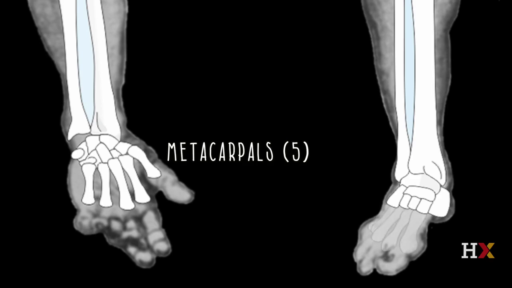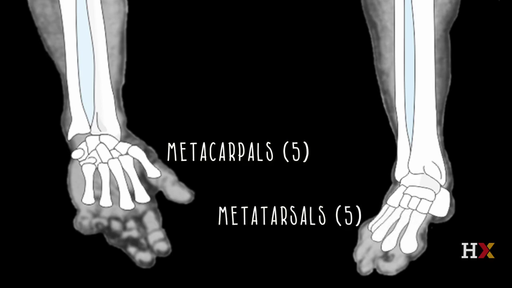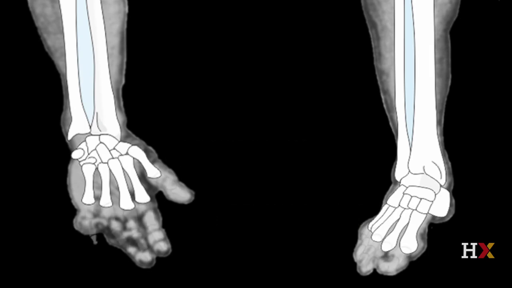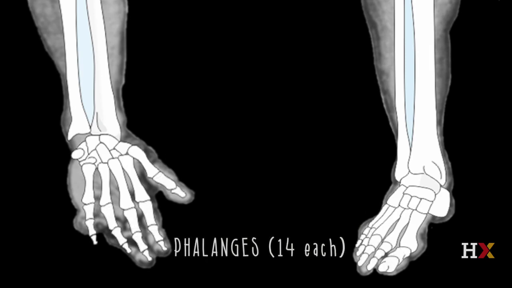In the foot, the bones will be the tarsals and the metatarsals. Articulating with the metacarpals or the metatarsals will be bones called phalanges. And phalanges is a Greek word that means a line of soldiers. So each of the metatarsals will have a line of soldiers beyond that, and a line of soldiers beyond that.